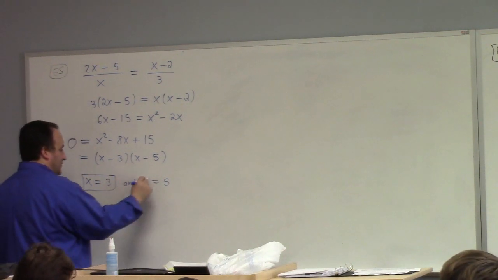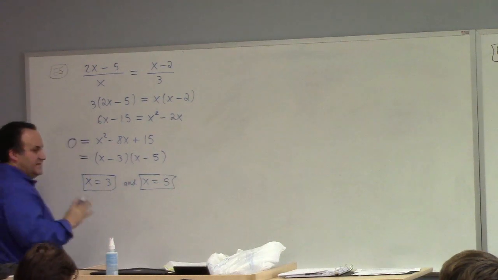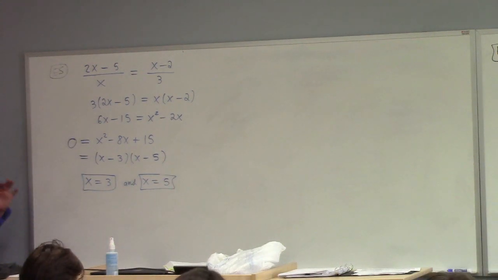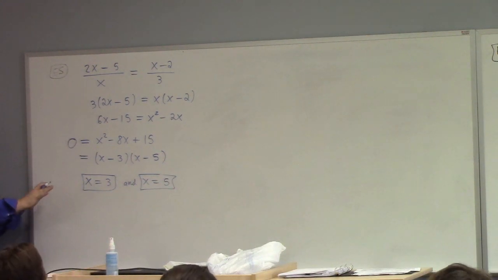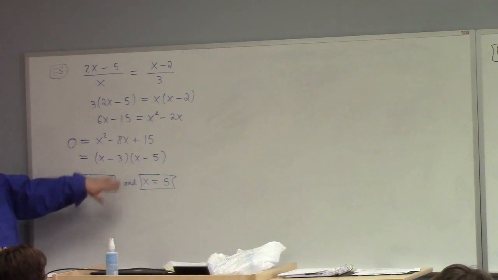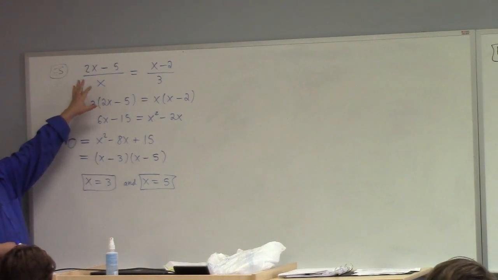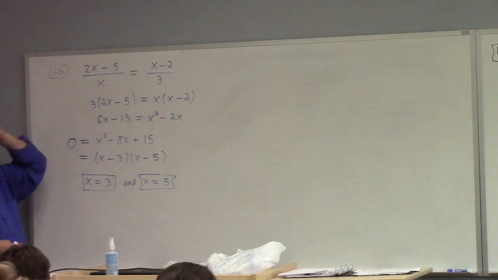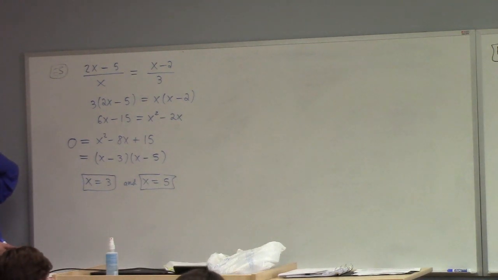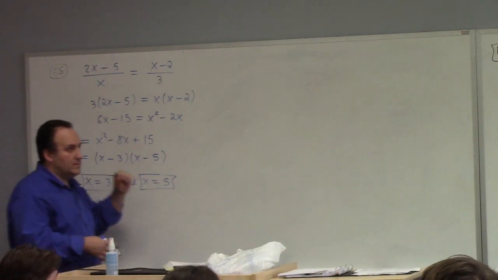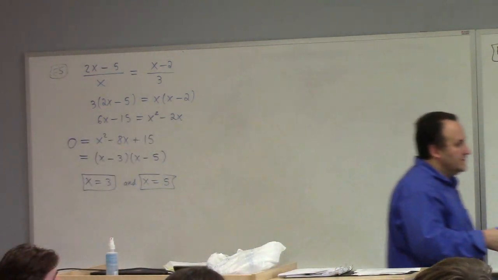Whenever you have this kind of problem, if there's division involved, it's a good idea to check and make sure that these make sense for the problem. They do. If you plug in 3 and you plug in 5 into the equation, the formula makes sense. On example 4, when you plug in 2, it doesn't work. Ah, very good.